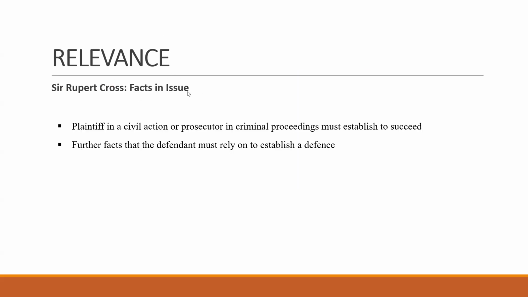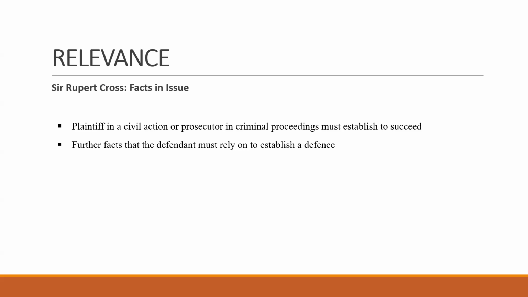Again, you have another definition from Rupert Cross saying that the plaintiff in a civil action or the prosecutor in a criminal proceeding must prove the elements of a crime, or the ingredients of a tort, or the criteria for a contract. Take for example breach of contract.